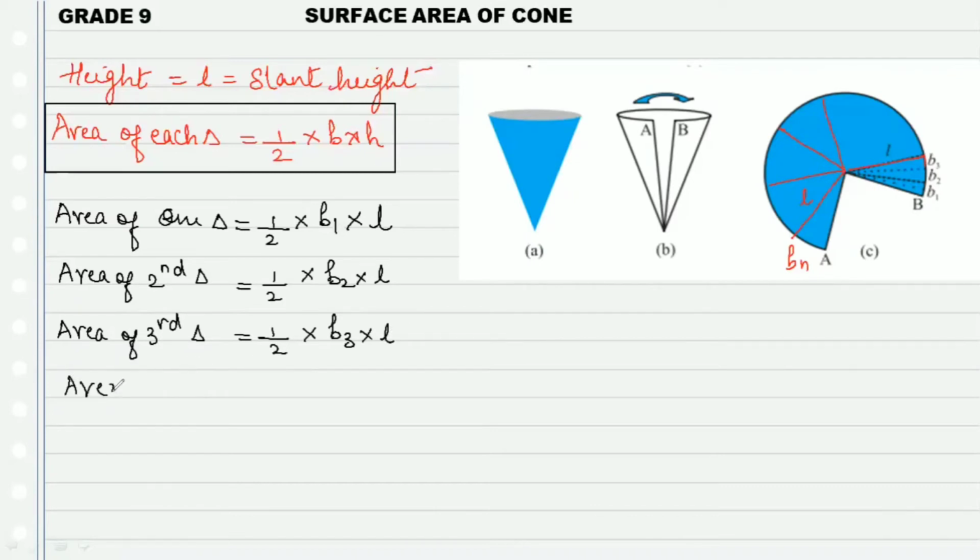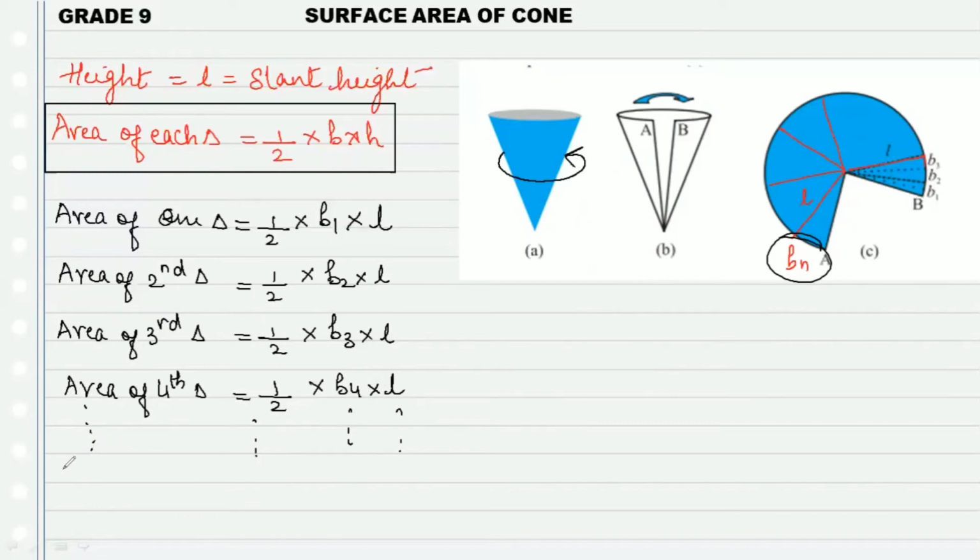Again, similarly, the area of the fourth triangle will be half into base 4 into slant height. And this will go on till the n number of triangles. Okay, this will continue. So if we have to find the area of the entire piece of paper, this entire sector makes the curved surface area, right?